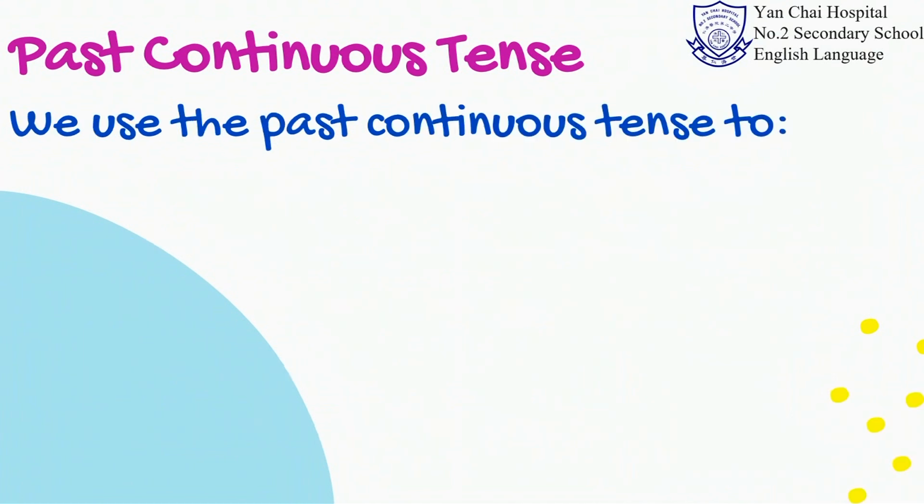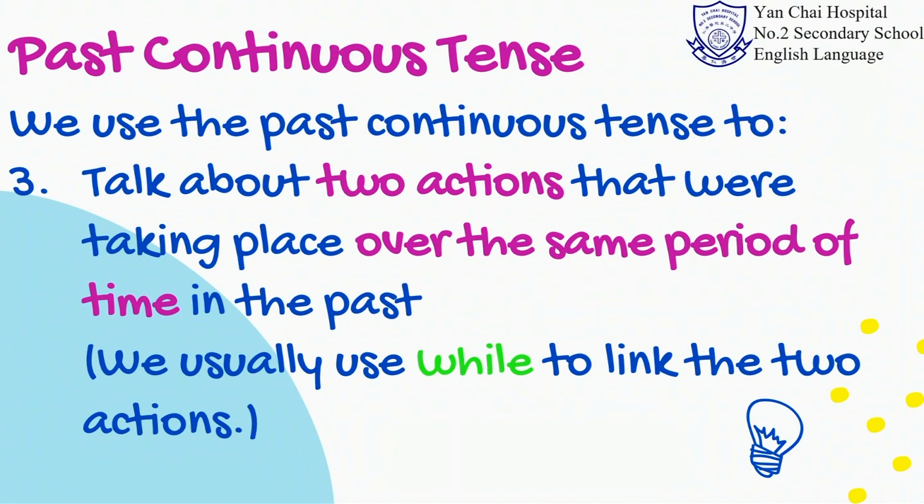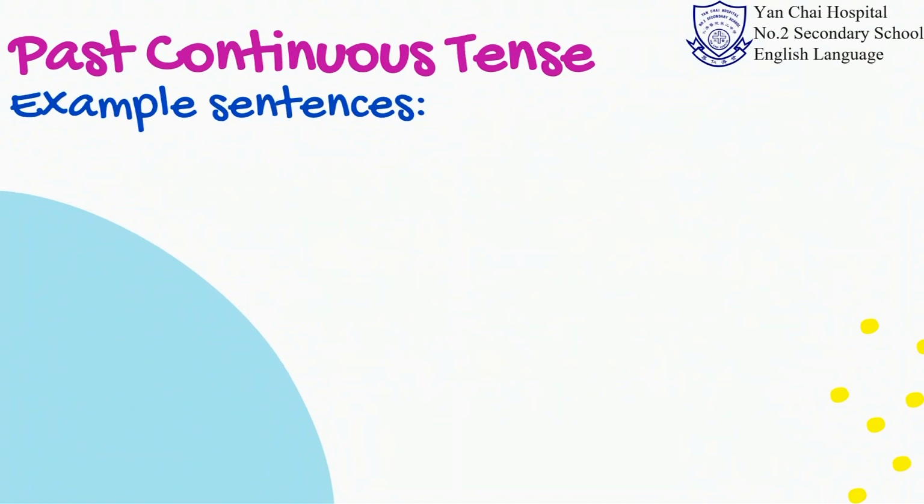We use the past continuous tense to talk about two actions that were taking place over the same period of time in the past. We usually use while to link the two actions. Example sentences.